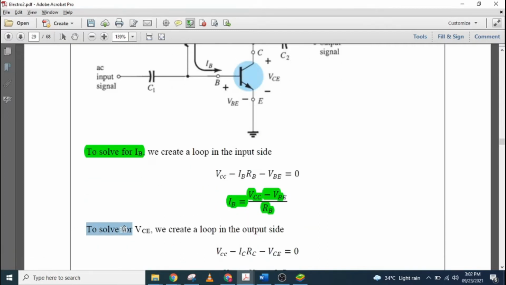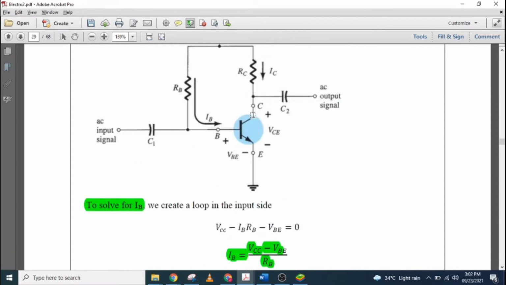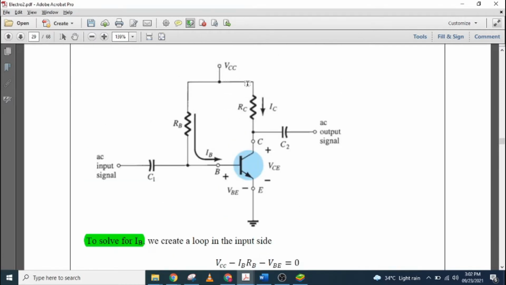Then to solve for VCE, the collector-emitter voltage, the voltage between the collector and the emitter, as when we place a voltmeter here, we need to consider the output section. So VCC, collector, then the VCE, then to the ground.